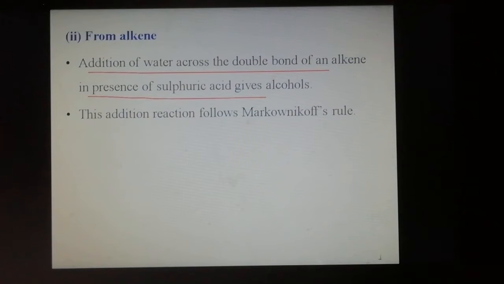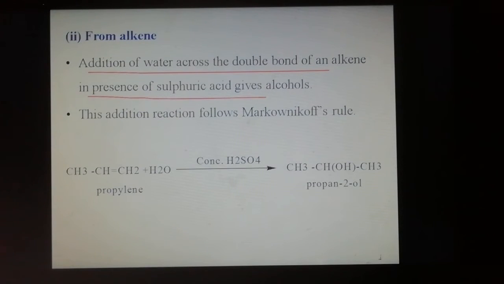So alkene, propylene. The first carbon contains the double bond.